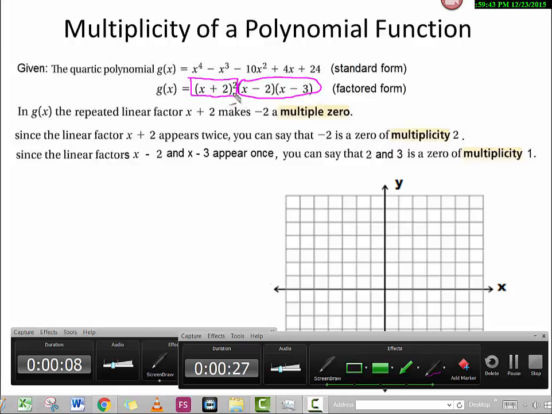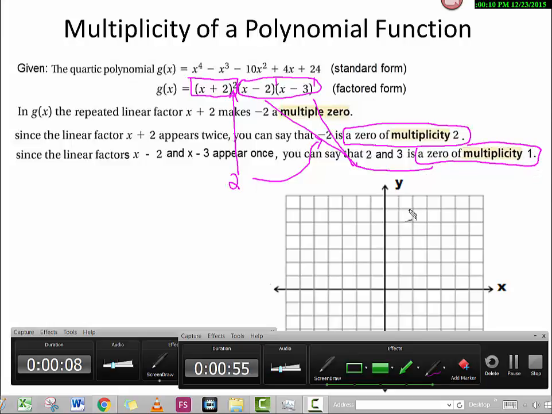The difference is, for the first one, the power is 2, and that's what we call a zero of multiplicity 2. The other two, the power is 1 and 1, and we call them a zero of multiplicity 1.